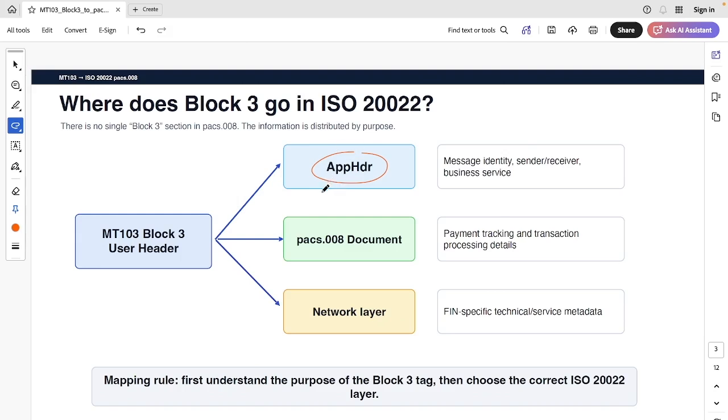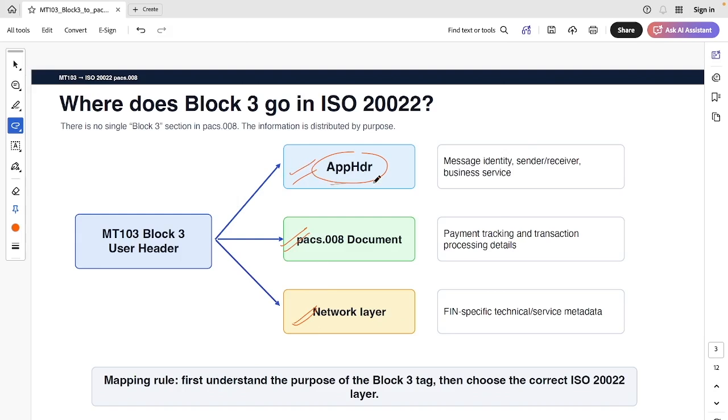But in block 3, since the tags have different purposes, ISO 20022 does not group them together. Instead, it distributes them across 3 separate layers: app header, document, and the network layer. This is based on what each piece of information actually does.